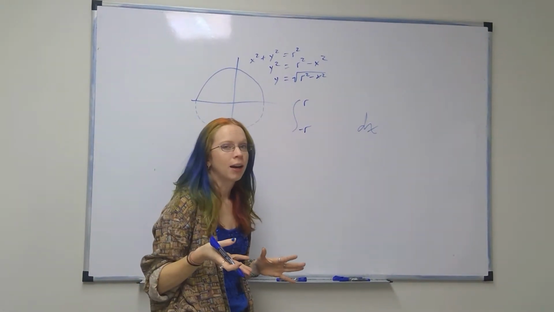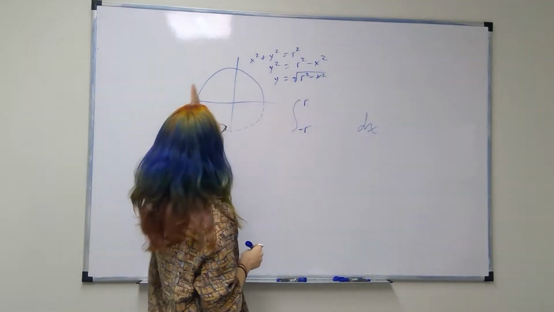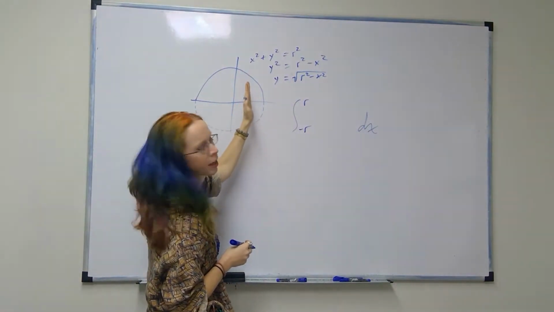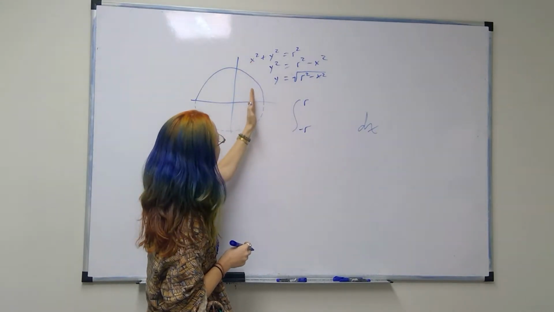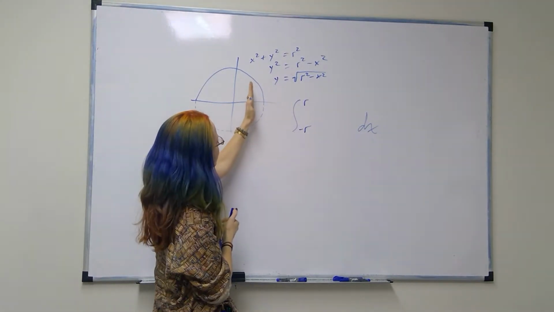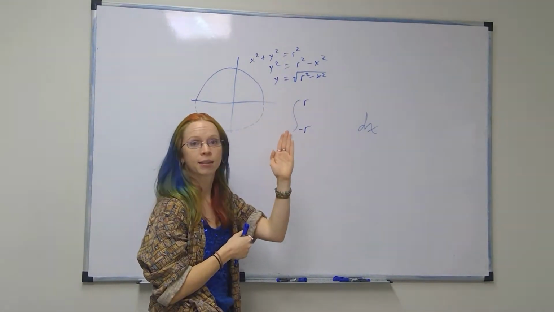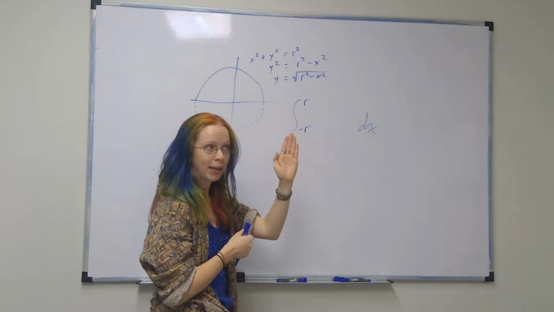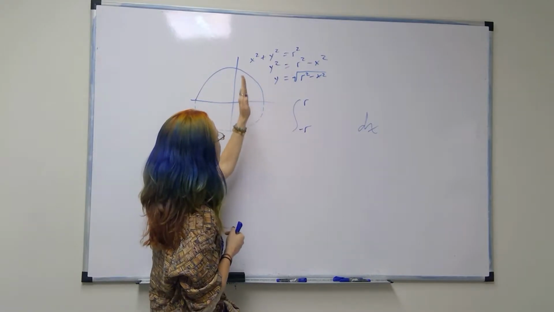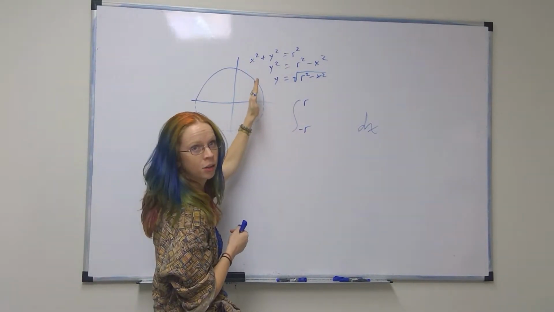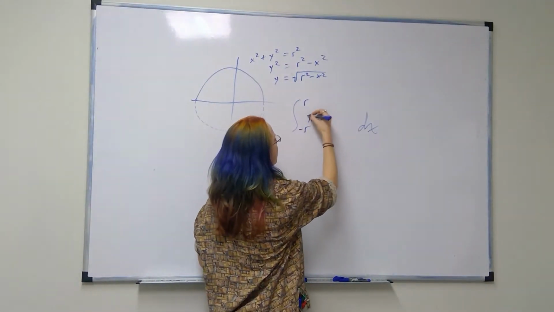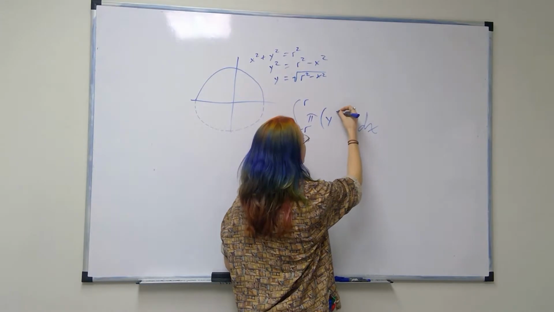And the area of each slice, when I'm going boop, boop, boop, each slice looks like a circle. So if I imagine this slice right here, and I've rotated this semicircle, I imagine that slice right there, and I pick it up and I look at it, it's a circle. And the radius of that circle is the y value where I took my slice. So the area of that circle is pi y squared.